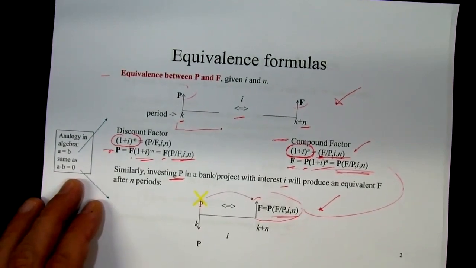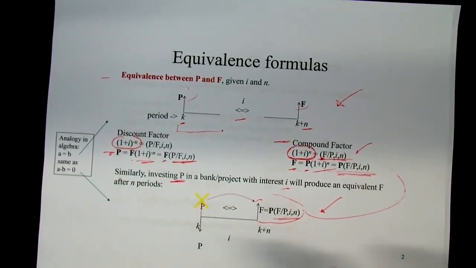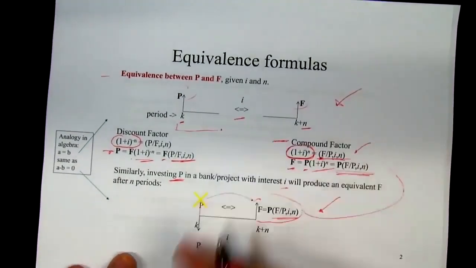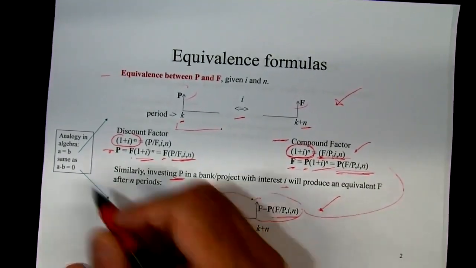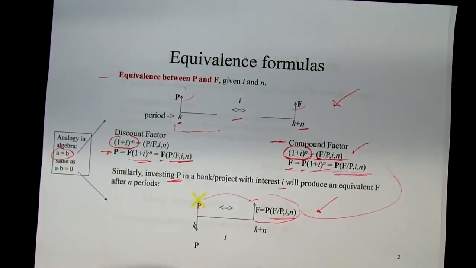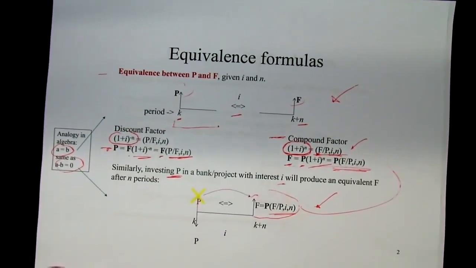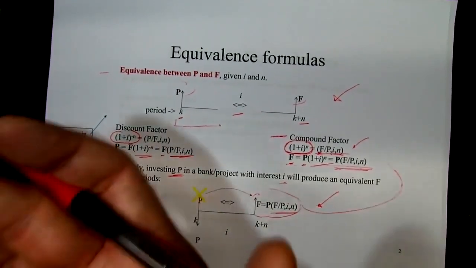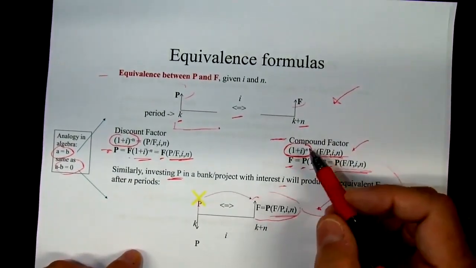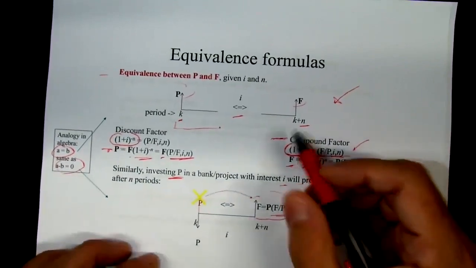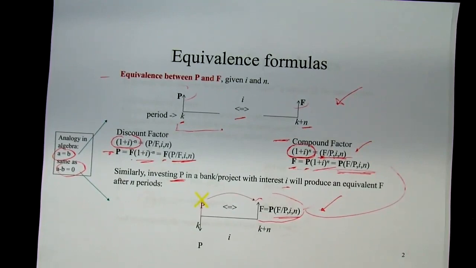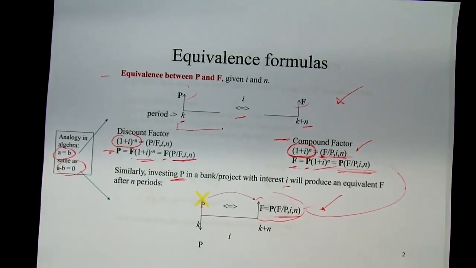I don't want that to create confusion, so I thought about an analogy in algebra, which to me is right on. You all recognize that saying A is equal to B is exactly the same thing as saying A minus B is equal to 0. I'm assuming all of you understand it. In money mathematics, it's exactly the same representation: either two different cash flows with an equal sign in the middle, or the same cash flow with different signs.